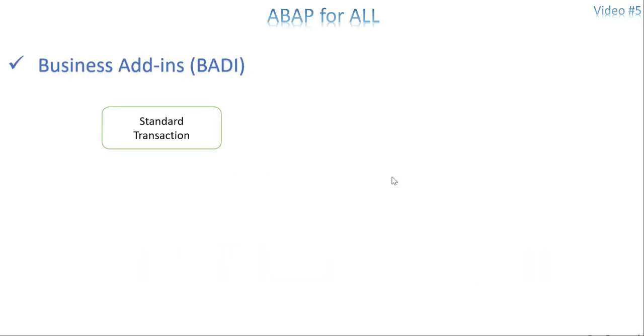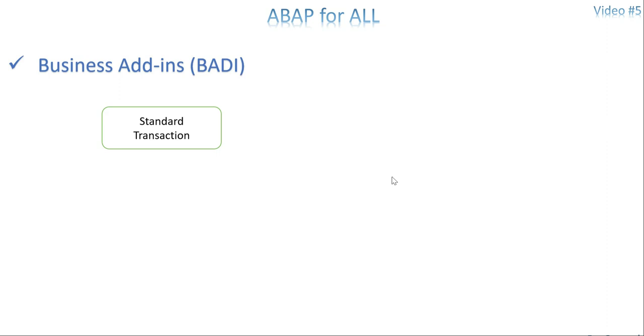So BADI is again coming under enhancement. You know about enhancement. If there is a place where custom code can be added to fulfill the business gap, we need that particular place. We just came across the concept called user exit and customer exit with their types. And the next one in the enhancement is BADI, business add-ins.